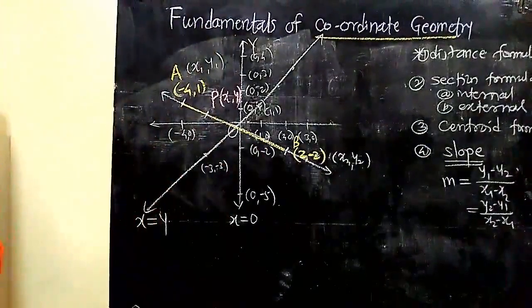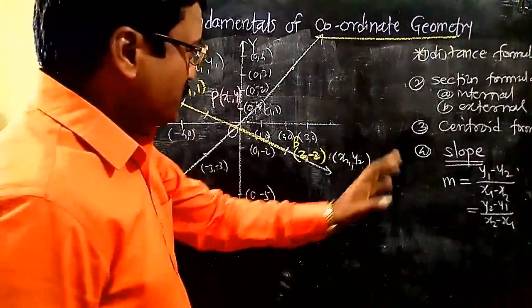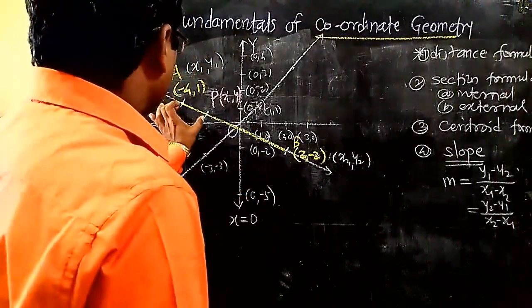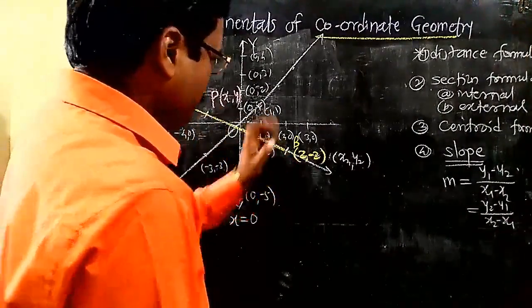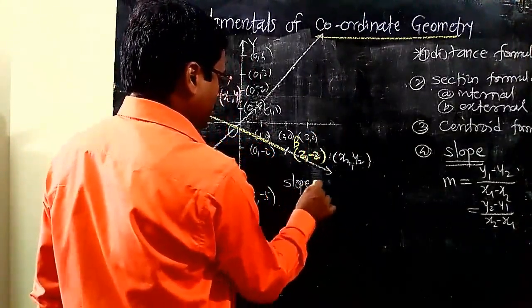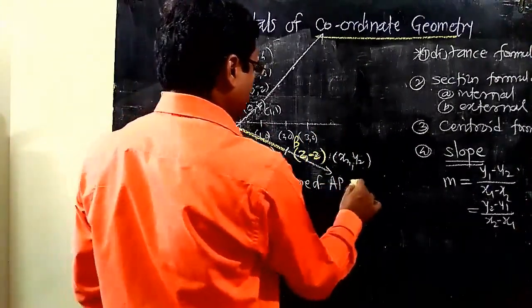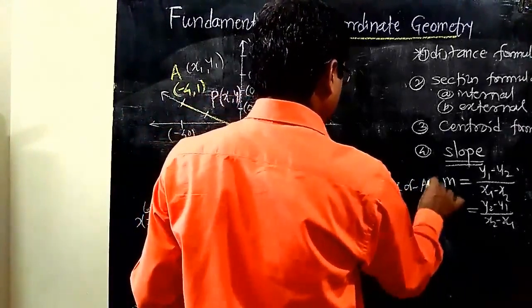So this is the formula of slope. Now if we use this formula of slope twice to find the slope of AP and slope of AB, then we can say that slope of AP is the same as slope of AB.